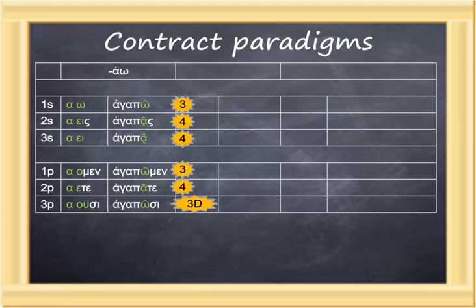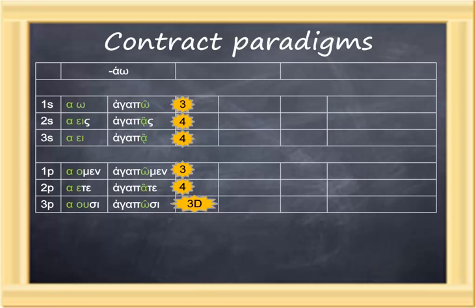Agapo reflects rule 3, alpha plus omega. Agapas reflects rule number 4, where alpha plus epsilon equals alpha and the iota subscripts. Same thing is true of agapa, the third singular. It also reflects rule 4.